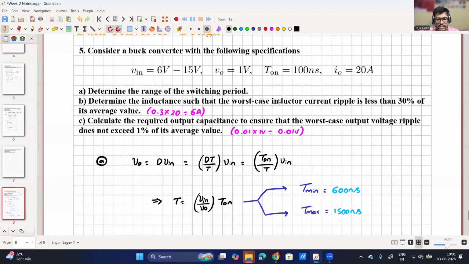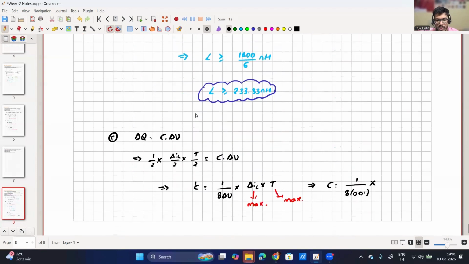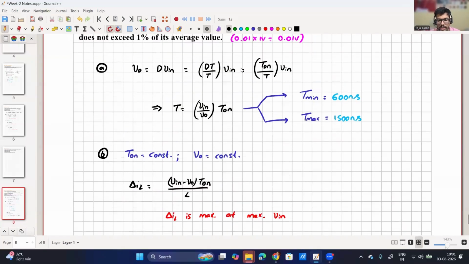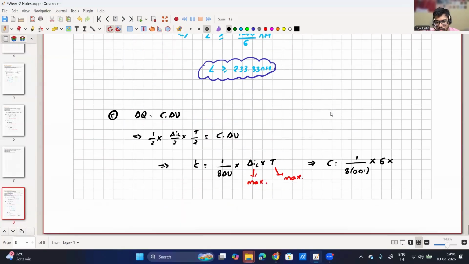This is the worst case ripple, right? At the maximum input voltage, yes, ripple is 6 amperes. So my delta IL maximum is 6 amperes. And then I have also calculated the time period to be how much? T max is 1.5 micro. So this is my 1.5 micro. So this is the capacitance required.